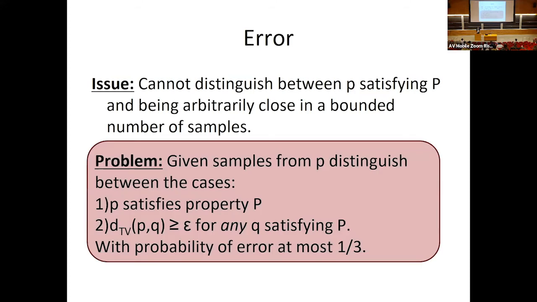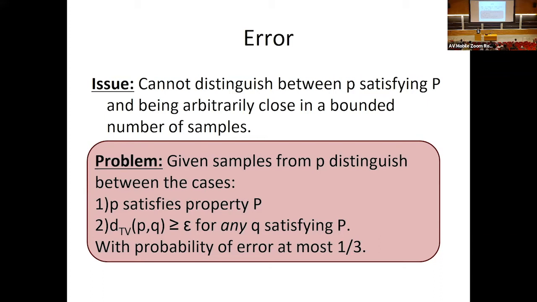And so the standard way that this gets phrased is that you're given samples from P, and you are guaranteed that either your distribution P exactly satisfies this property that you're interested in, or it is epsilon far in total variation distance from any other distribution that satisfies that property. And you want to distinguish these, and you want to do so with probability of error at most a third.